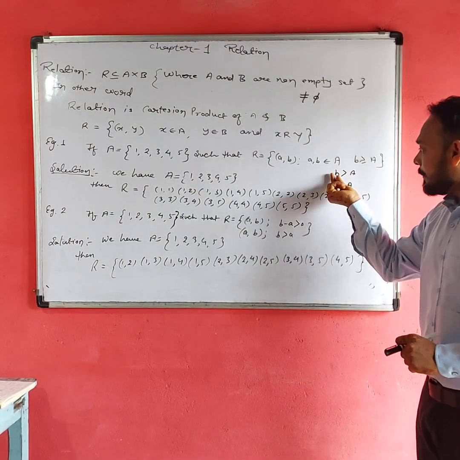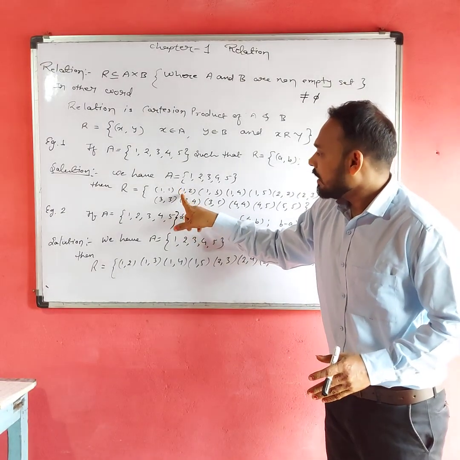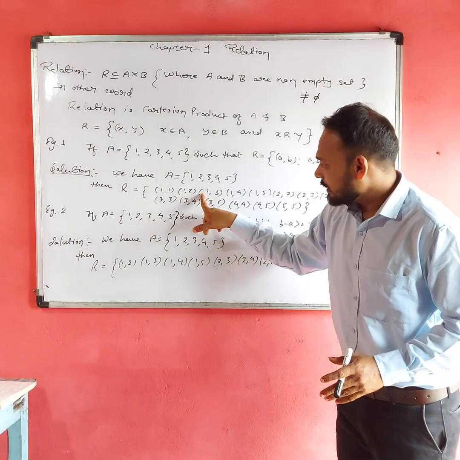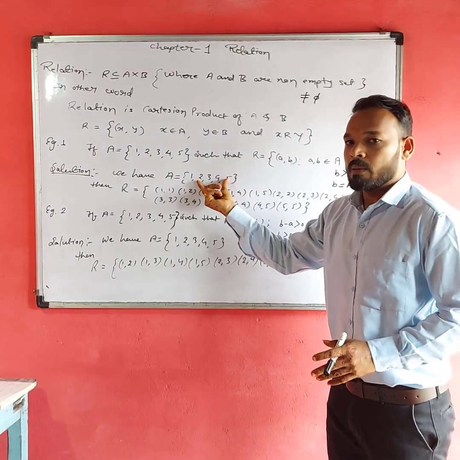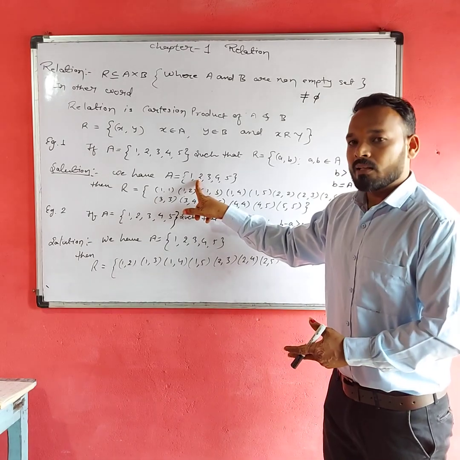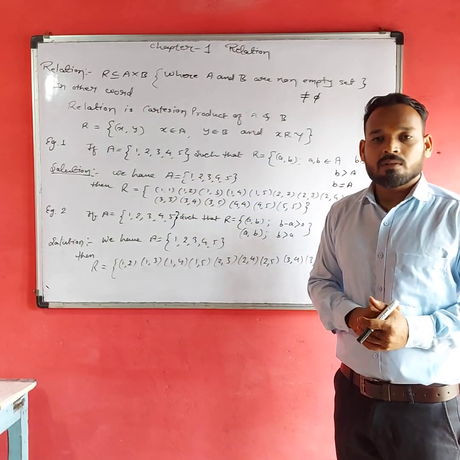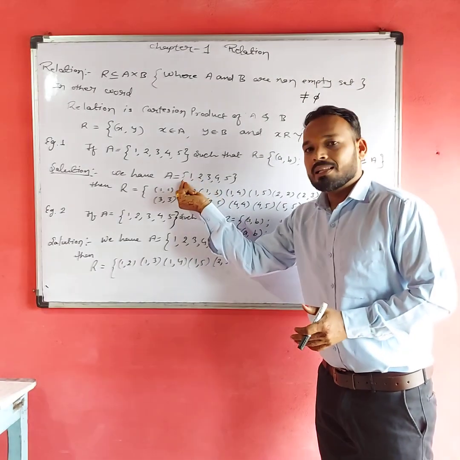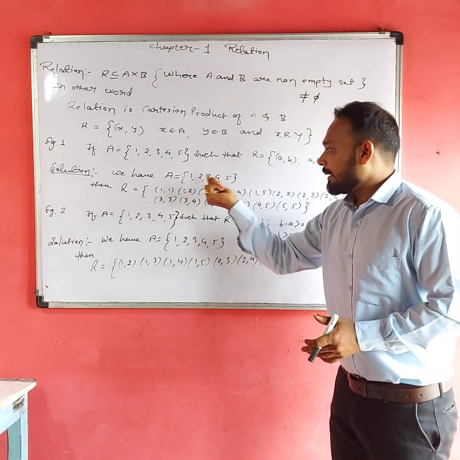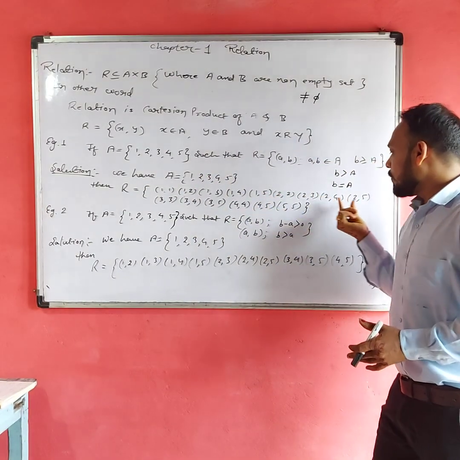And secondly, b is greater than a, so all conditions apply. Then (1, 2), (1, 3), (1, 4), (1, 5). Yes, complete. Then we take the second element and relate it to all elements that are not less than it, means 2, 3, 4, 5. Then 2 is related to 2, 3, 4, 5, means (2, 2), (2, 3), (2, 4), (2, 5).